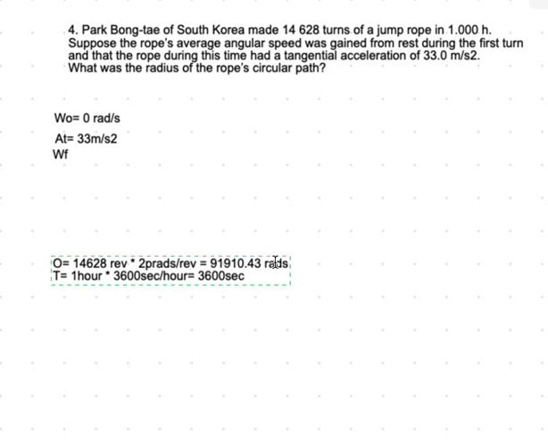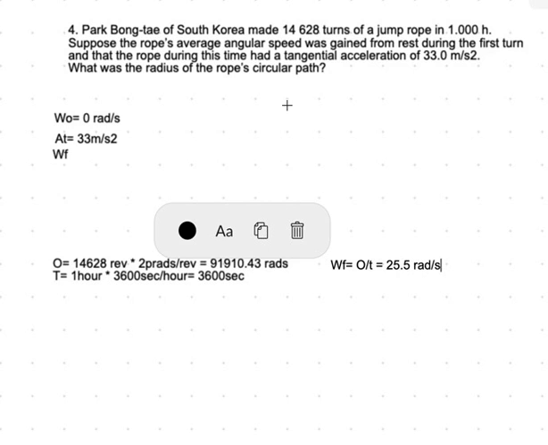So now we've got an angular displacement that this rope has traveled and the amount of time that it took that rope to travel that angular displacement, which gives me enough information to calculate the speed. So speed is equal to angular displacement divided by time, which means the final speed, or the average kind of speed that he ends up traveling at, is 25.5 radians per second.